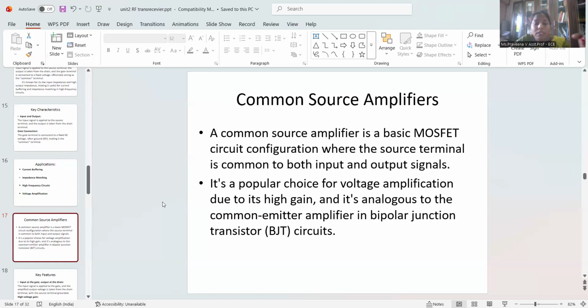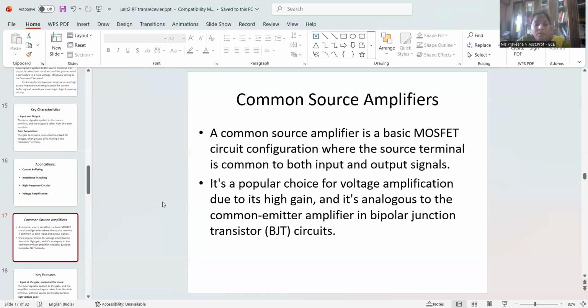So in a mobile phone audio amplifier, the common source stage amplifies the audio or RF signal. The same operation happens in a common emitter amplifier also. The input signal is given to the gate terminal. The output signal is taken from the drain terminal, and the source is the common terminal.